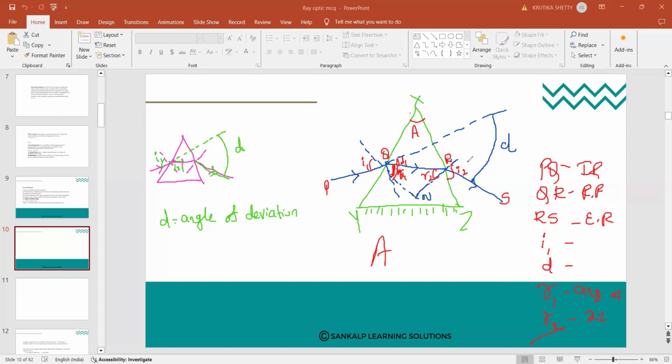See, any doubt in the figure? Please ask. Because once you understand the figure, the derivation will be easy for you. If any doubt is there, please ask.